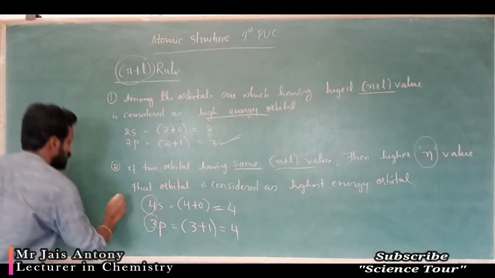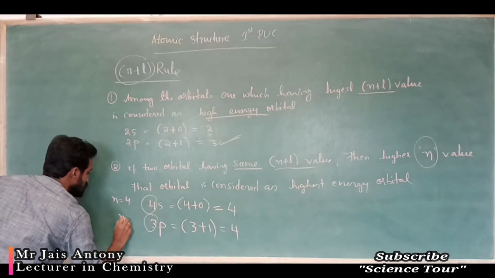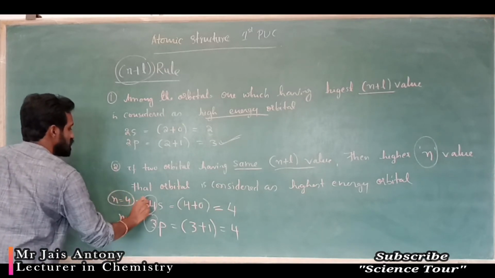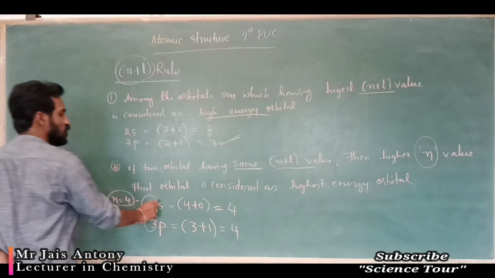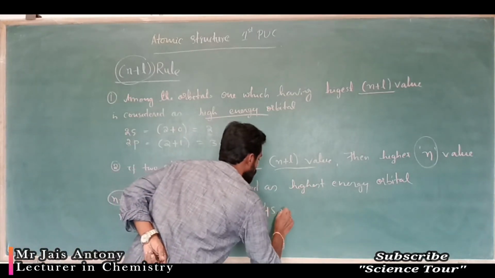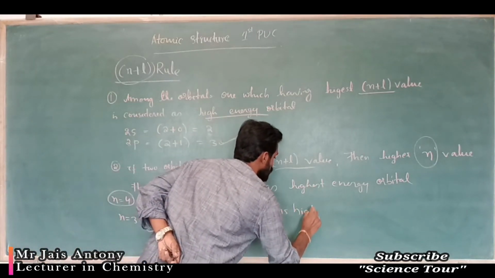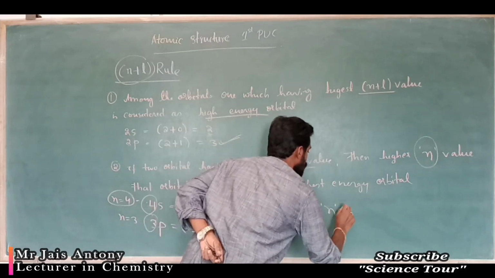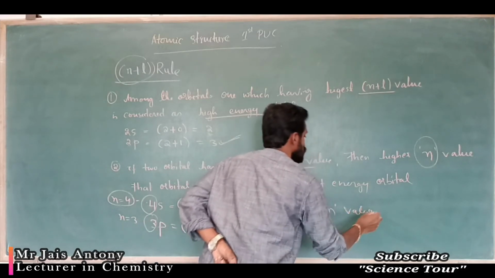Correct? Yes. n is equal to 4 in this case, and in this case n is equal to 3. So this is considered the highest energy. So 4s has the high n value, so high energy.